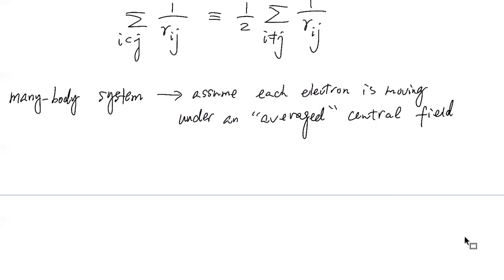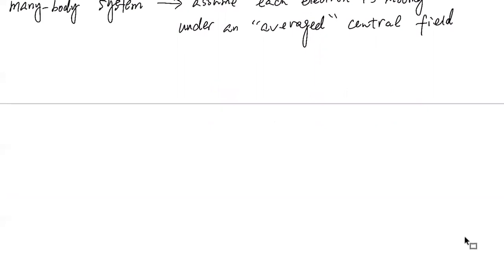Then for each particle, you are doing a central potential problem, right? Then you can use the old method to solve it, right? What does that mean, the averaged central potential? It means, well, for an electron i, it is moving under the potential for this i electron, which is only a function of the position of i.